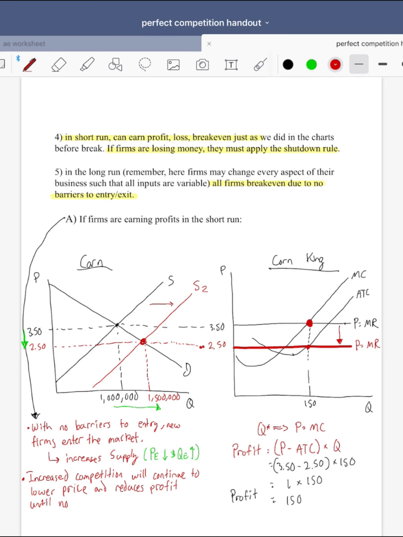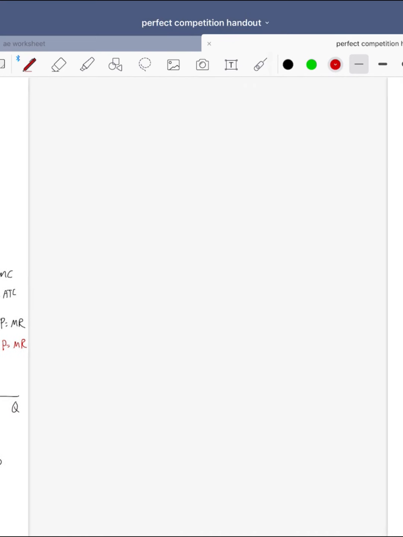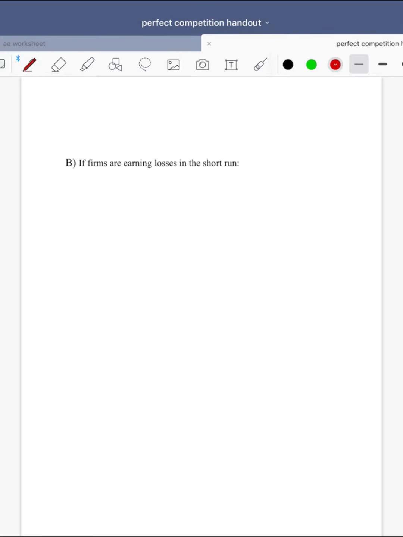So the increased competition will continue to lower the price. And every time that the price gets lowered, that reduces the profits.